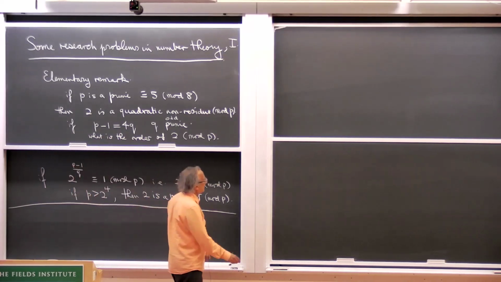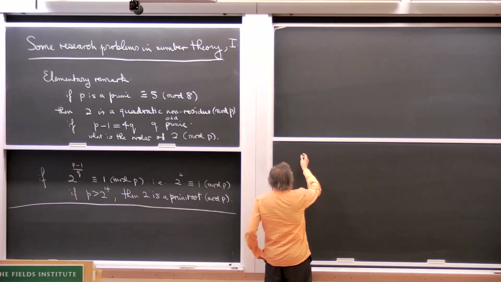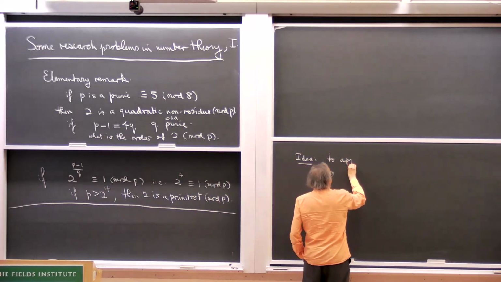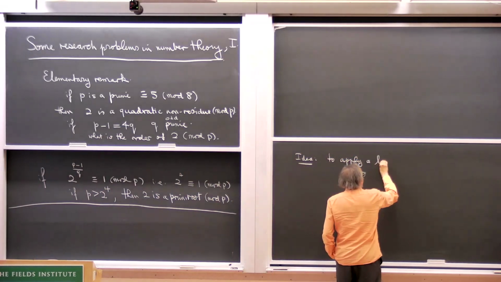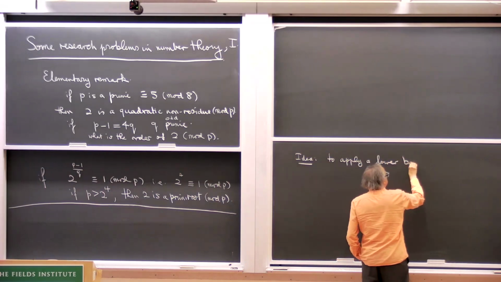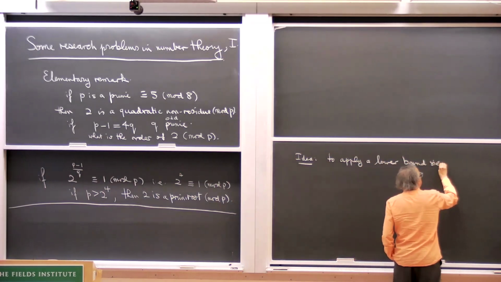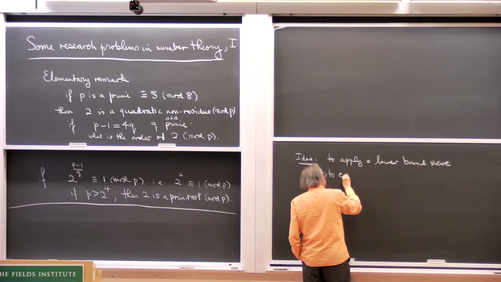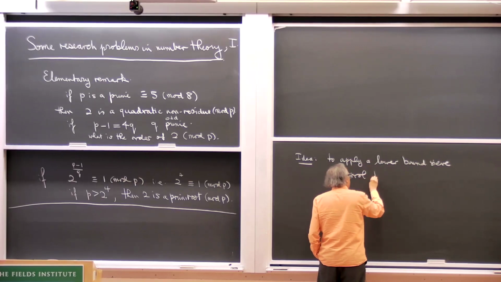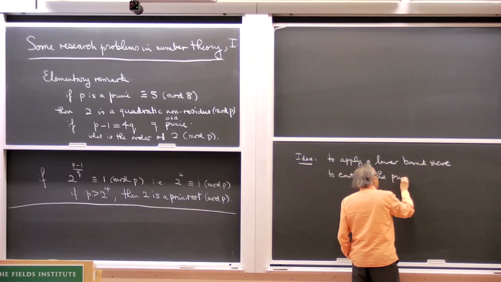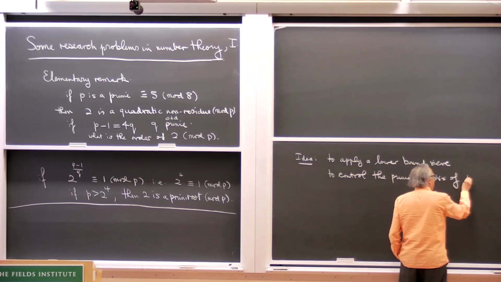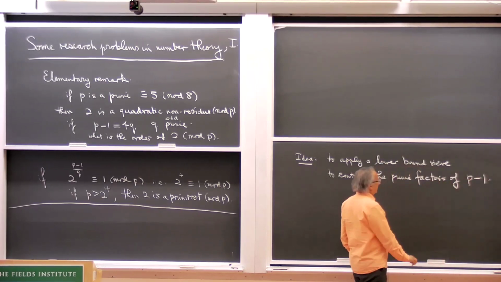So the basis of the idea is to apply a lower bound sieve to control the prime factors of p minus 1.